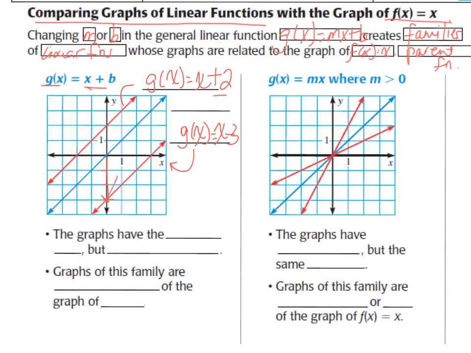And for the other one, it's plus 2 because it shifted up 2 units along the y-axis. Now we have the parent function, and we'll use f here, f of x equals x, and I got this from here.